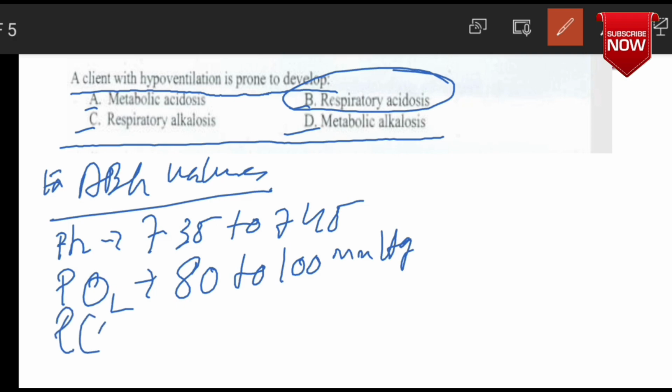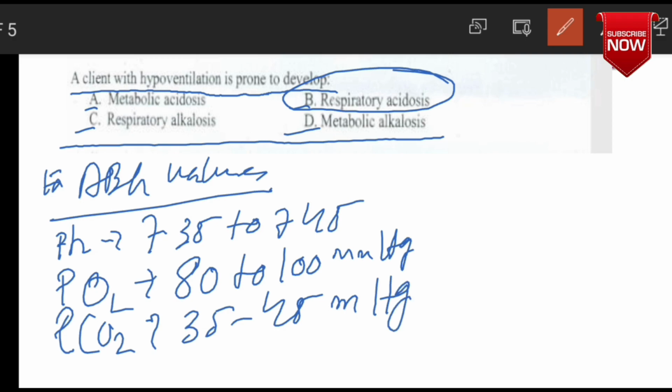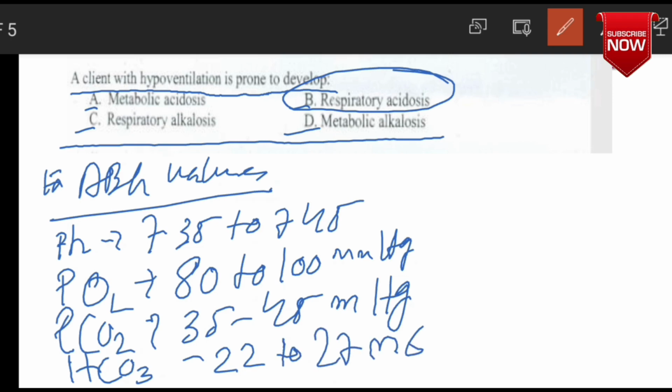Partial pressure of carbon dioxide 35 to 45 mm of Hg. Bicarbonate level is 22 to 27 milliequivalent per liter. Remember the values.